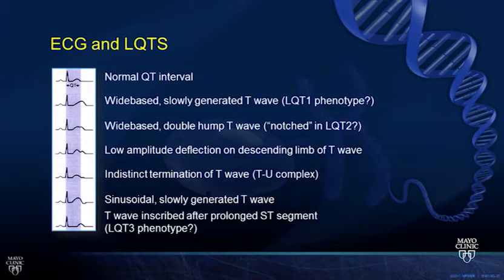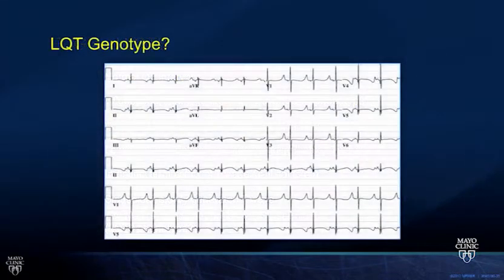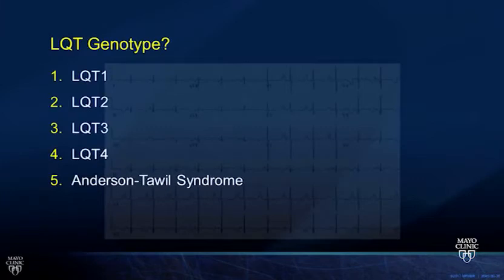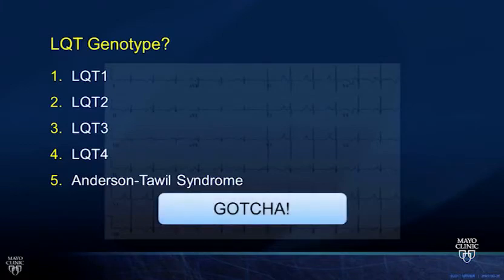Broad-based T waves, think LQT1; humped, bumped, notched, think LQT2; and a normal-looking T wave inscribed after a long isoelectric segment, think LQT3. So with that primer, you would say this is really easy. For the boards, this is LQT3. Perfect.